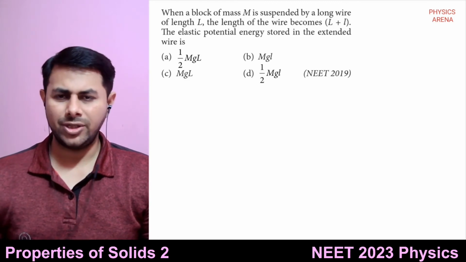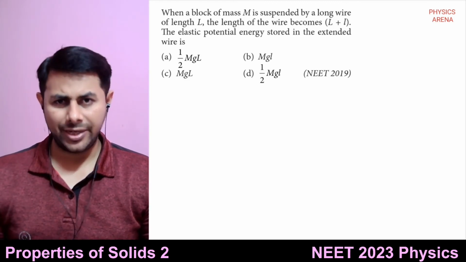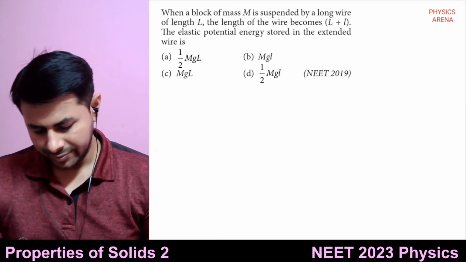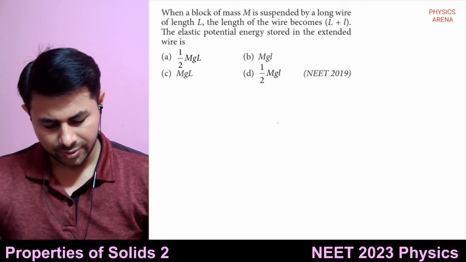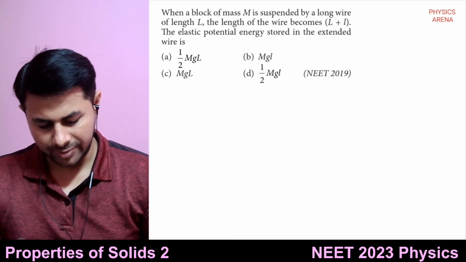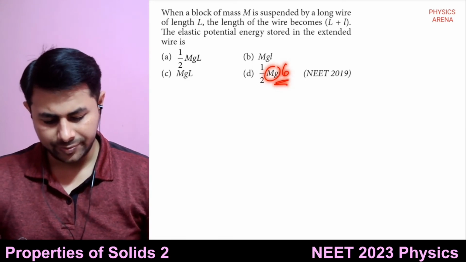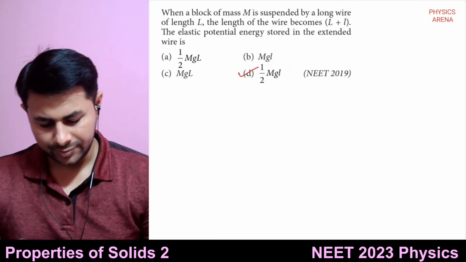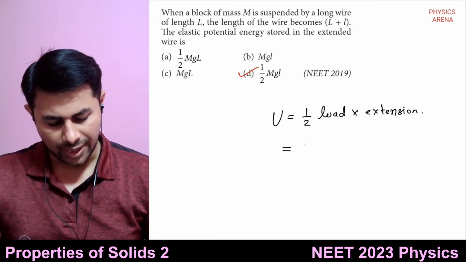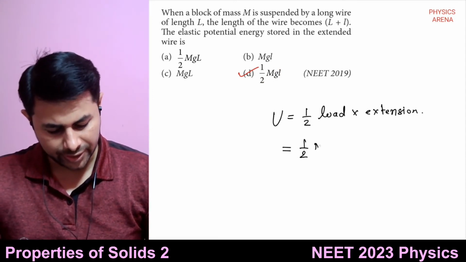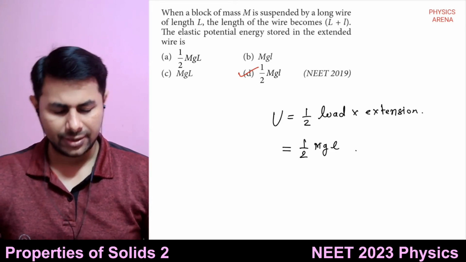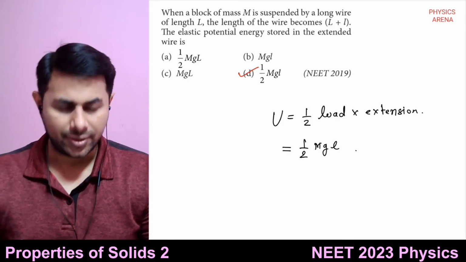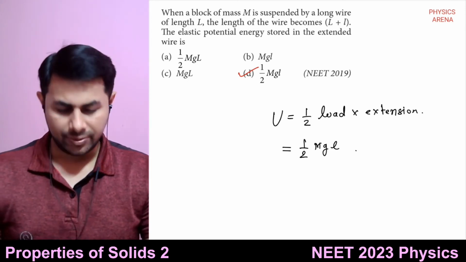What is elastic potential energy? Half of load into extension. So it is half of mg multiplied by extension l. This is the answer. It is half of load multiplied by extension. Direct formula, very simple.